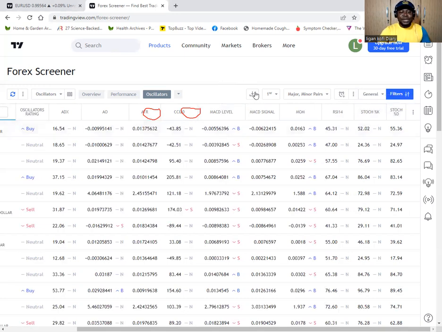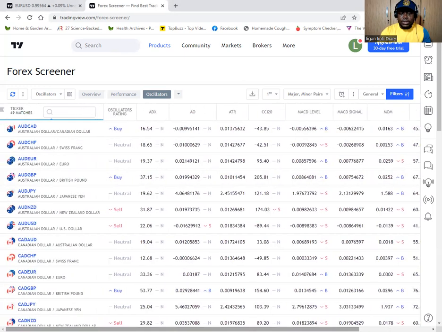What this screener is doing is screening the Forex market with these oscillators and giving you the outcome of what these oscillators are saying. I repeat, this screener portion is taking the currencies. We have 49 currencies here, but in case you are looking for a certain currency, you can come to the search button and type in that currency.